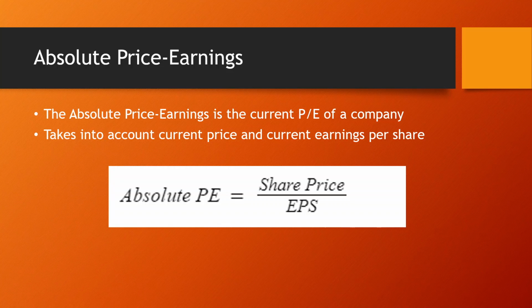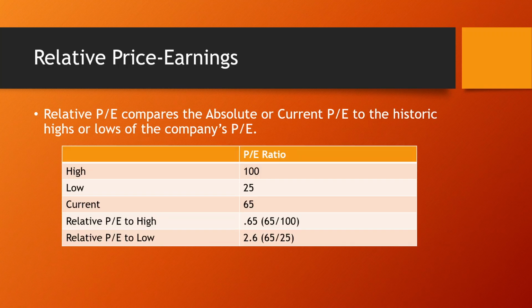But the reason why I want to single this out is because it really helps explain my last type of PE ratio, which is the relative price earnings ratio. So the relative PE compares the absolute or current PE, the basic PE, to the historic highs or lows of the company's PE.